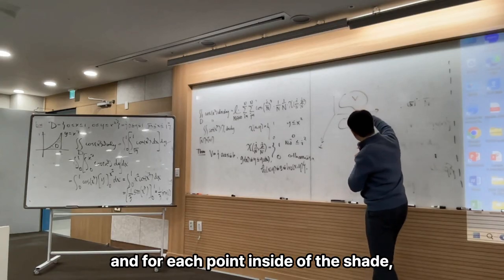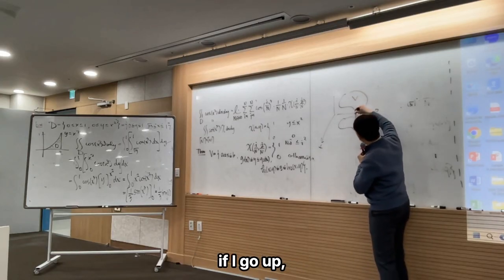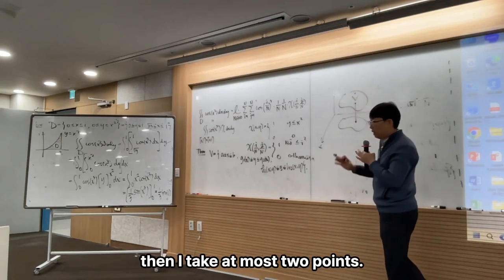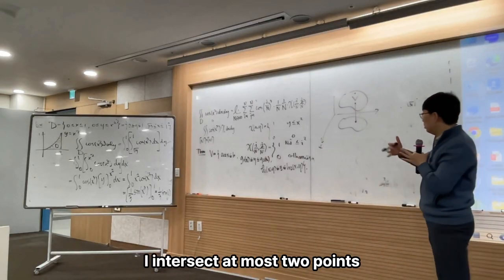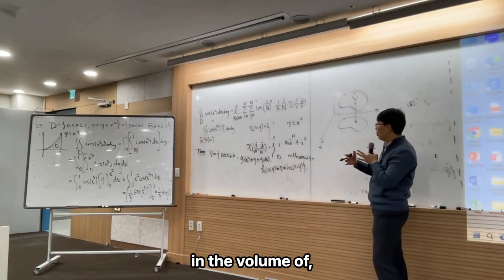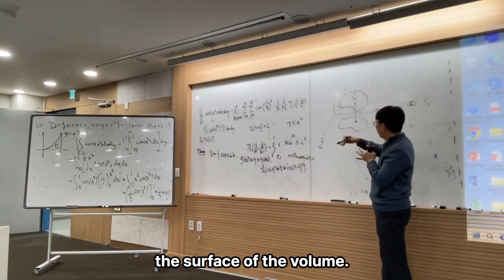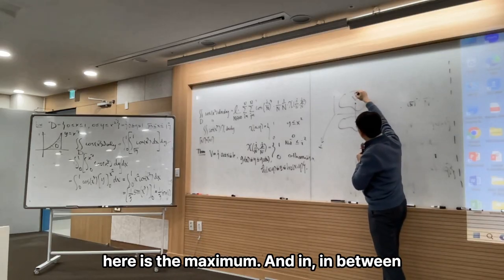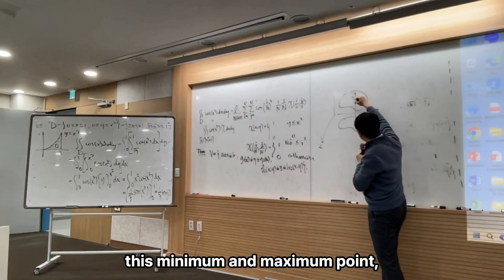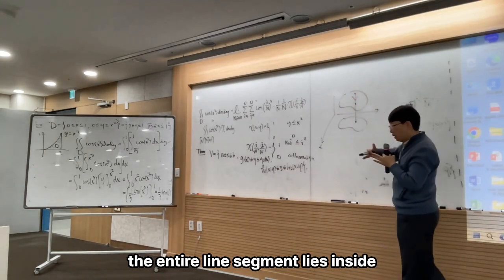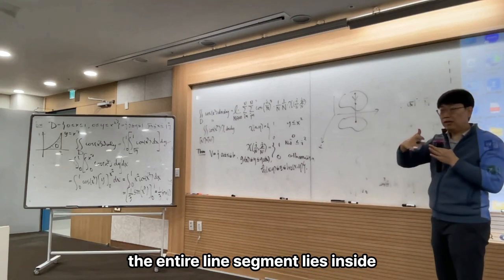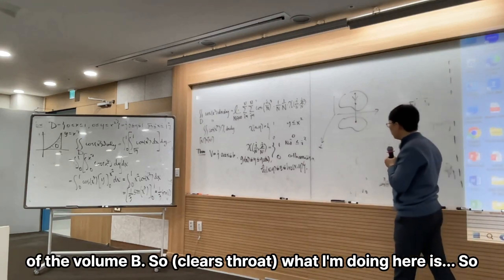For each point inside of the shade, if I go up, I intersect at most 2 points on the surface of the volume. Here is the minimum, here is the maximum, and in between, the entire line segment lies inside of the volume V.